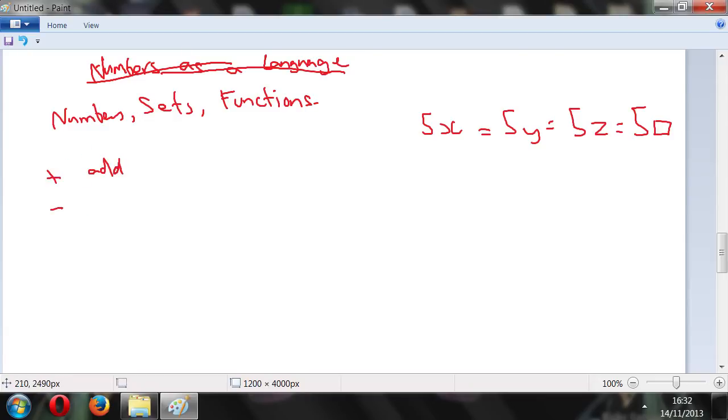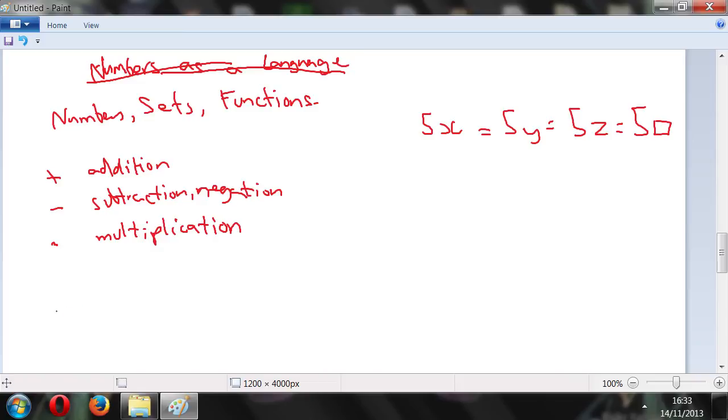Okay, so there's many different things we've got. We've got addition, we've got subtraction or negation there. We have multiplication, division. It'd be integer division here, and radicals.